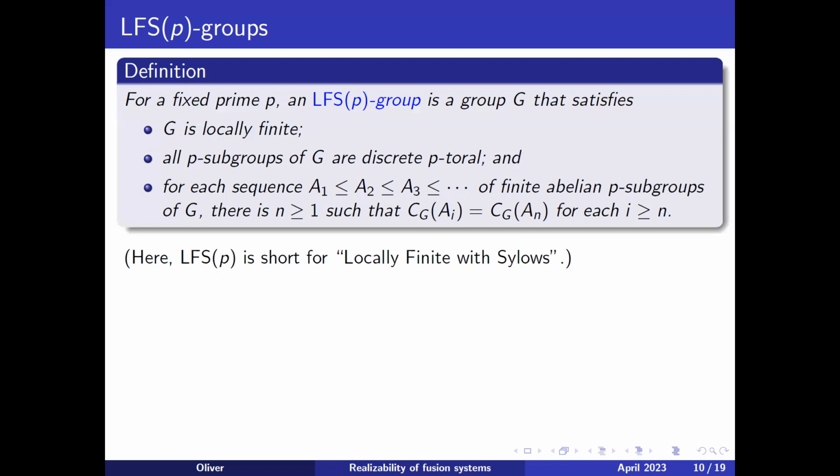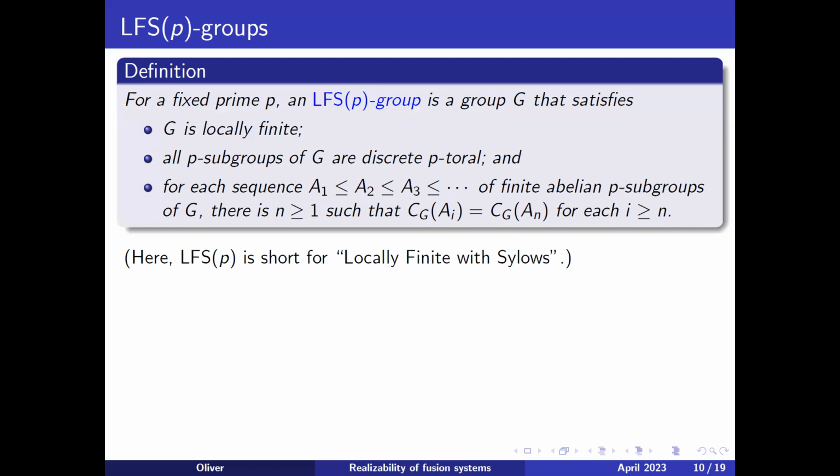So they're groups that satisfy three conditions. First, they're locally finite. Remember, that means that every finitely generated subgroup is finite. Second, all p-subgroups of G are discrete p-toral. And then the third condition is the subtle or messy one.